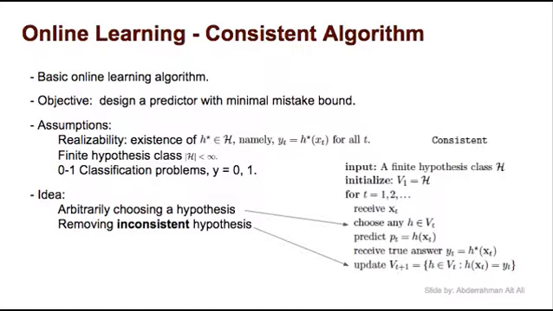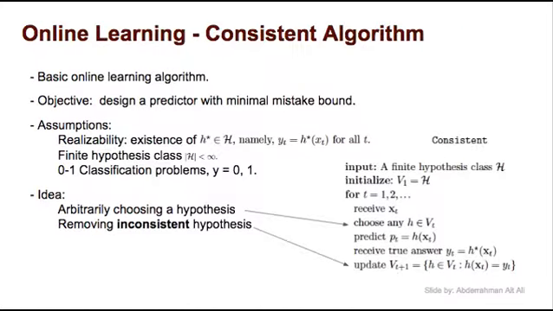A simple example of a learning algorithm is a consistent algorithm. The basic idea is that we have a dynamic set of hypotheses that we reduce at each round. So at round t, for example, we receive an input data xt, and we choose randomly one of the hypotheses in our dynamic set of hypotheses, and then we predict using that hypothesis, and then we receive the correct prediction.